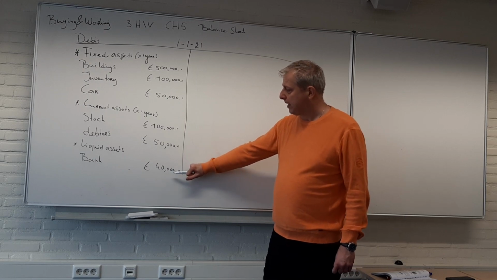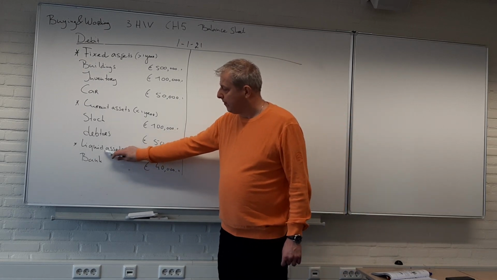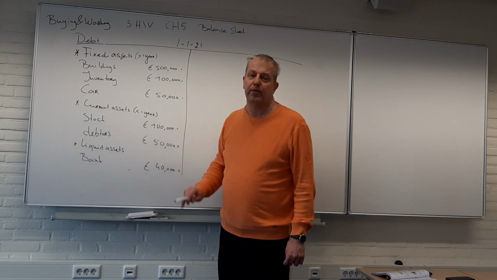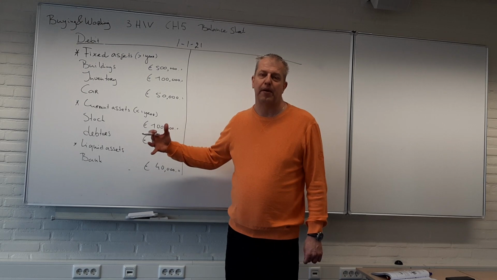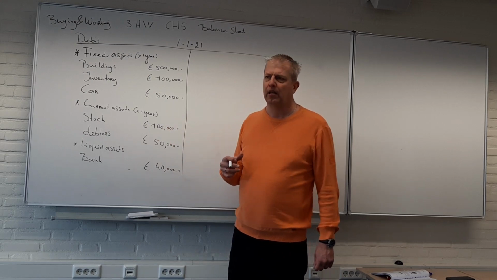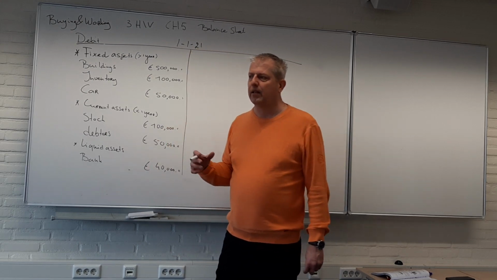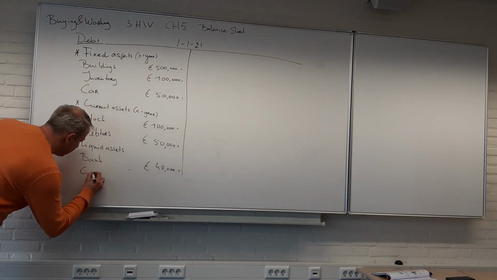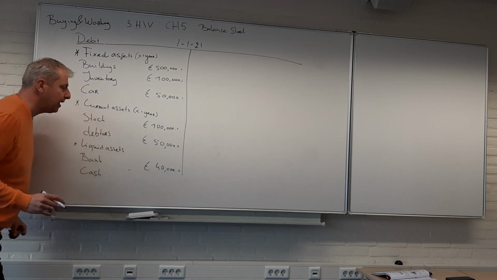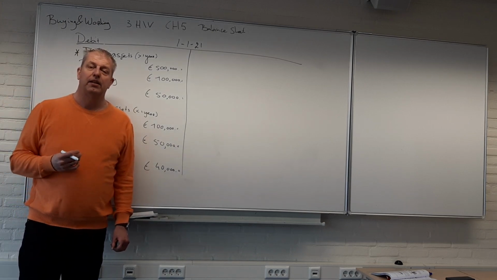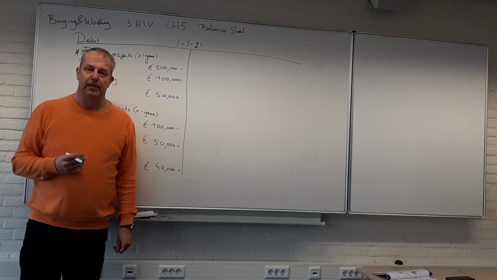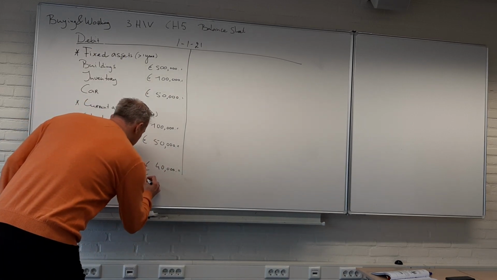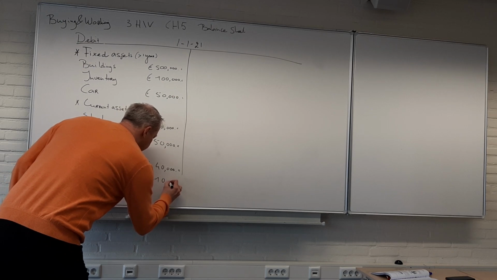So officially, liquid assets aren't a separate category because they belong to the current assets, but I'm going to name them anyway because they are very special. And cash. So that is the cash money you have in the till in your company. So coins and banknotes. For example, 10,000 euros.